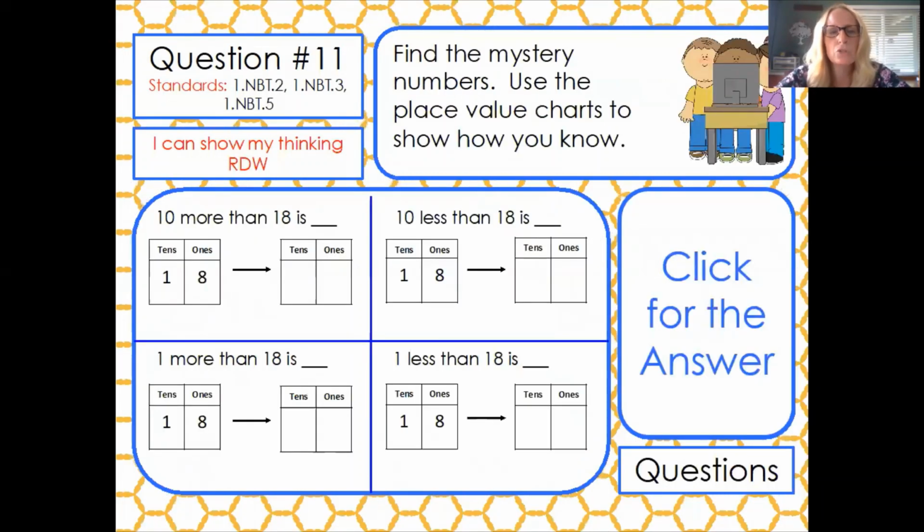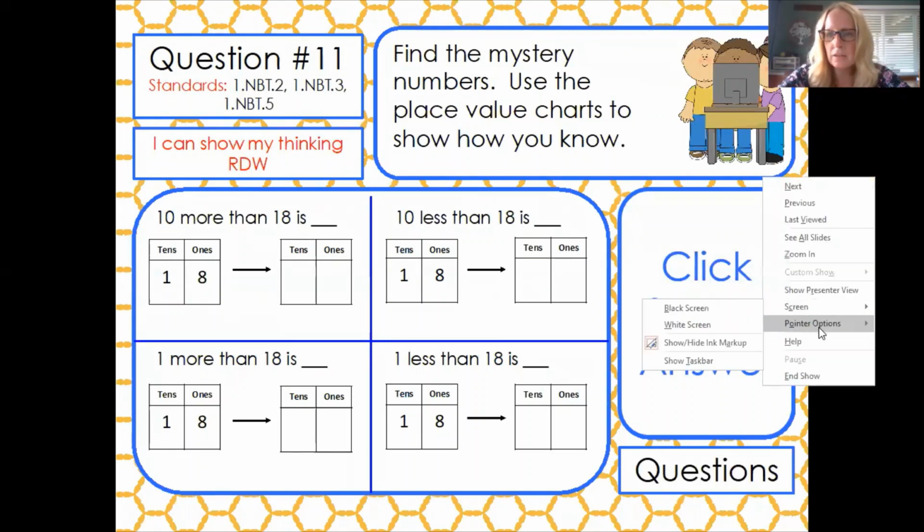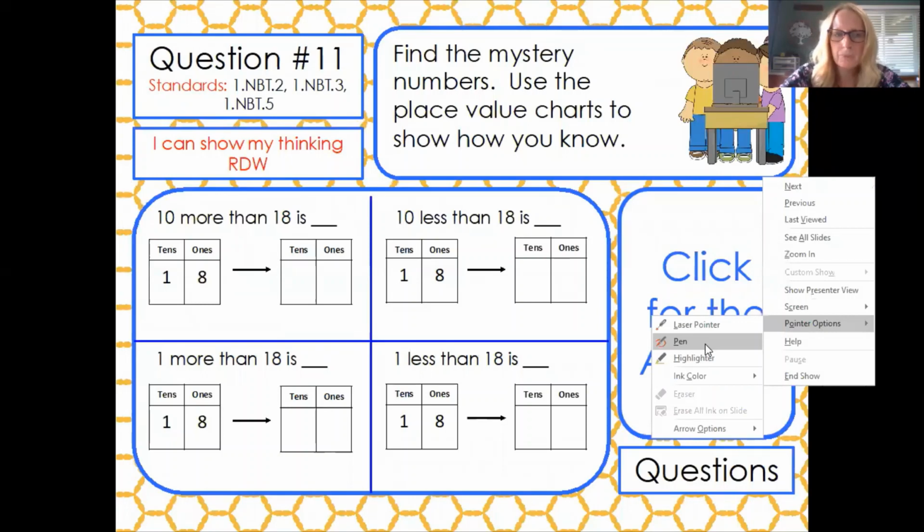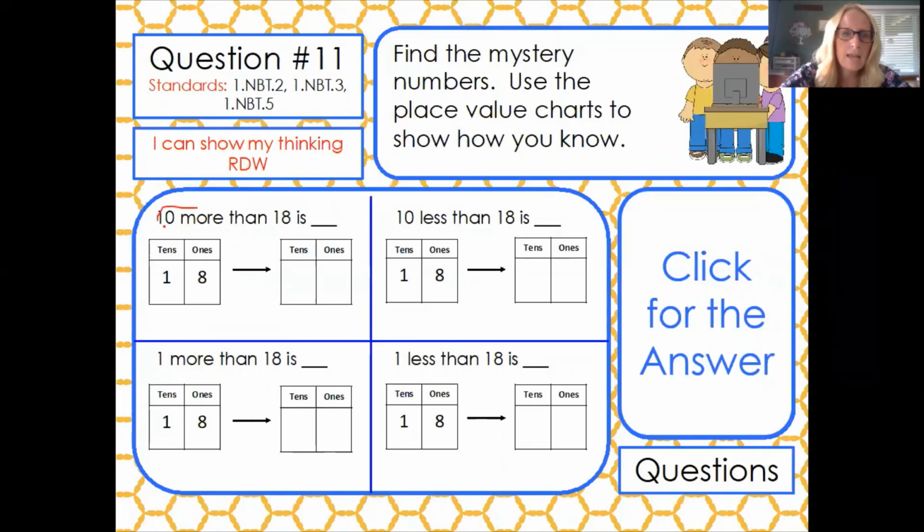This one we are going to do together. When you are trying to do 10 more, 10 less, 1 more, 1 less, one strategy is using the arrow method. So we are going to use the arrow method together. When I see the words 10 more, that tells me I am adding, because more is getting bigger, and I'm adding a group of 10.